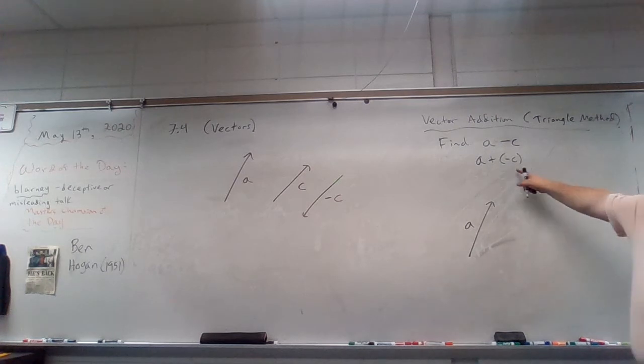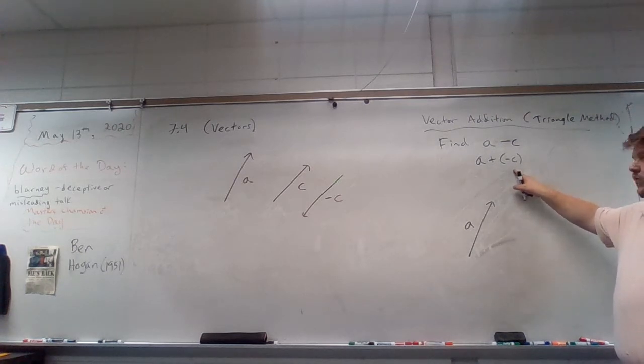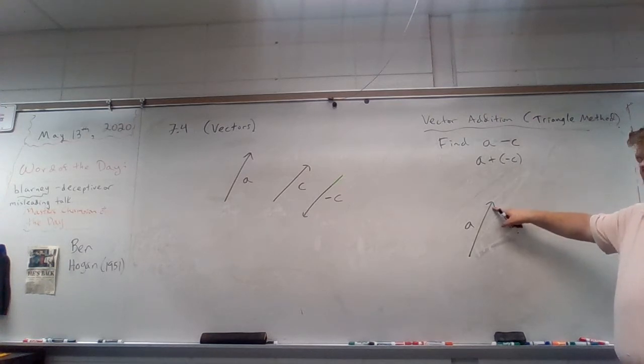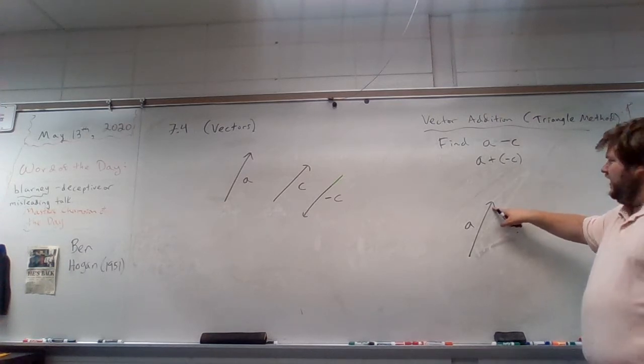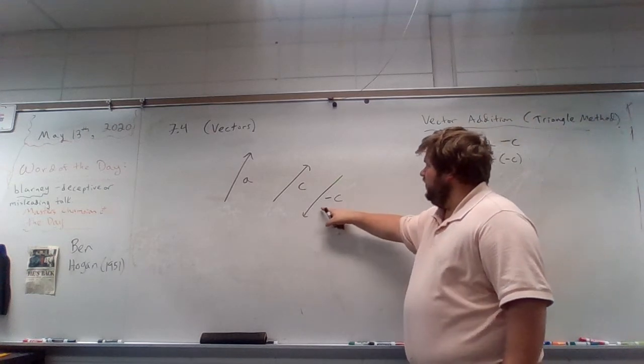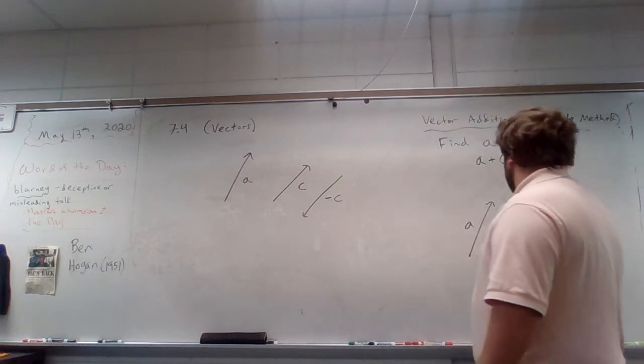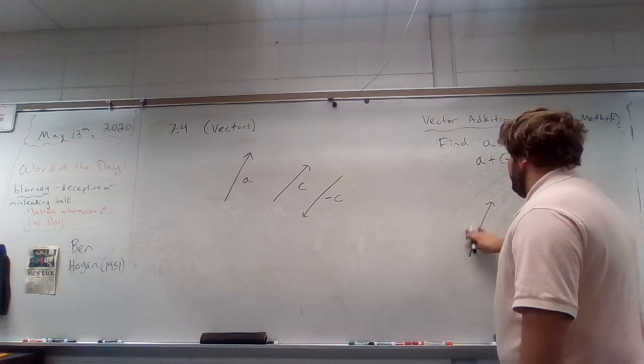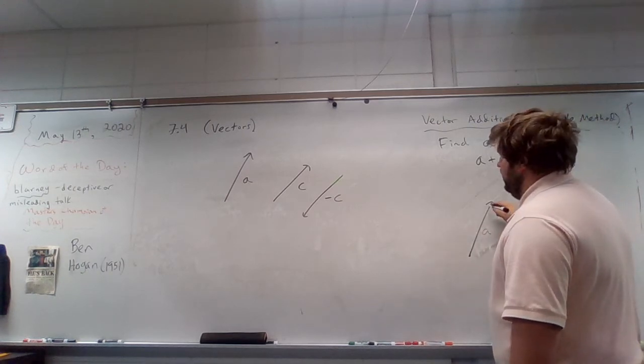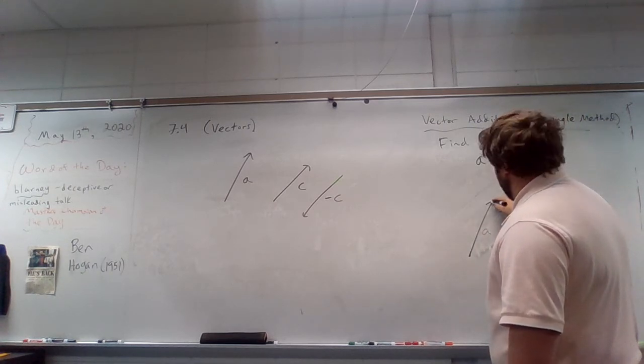Well, negative C, that vector, should go, if I'm doing the triangle method, at the terminal point of A. And it's this vector here. So if that goes at the terminal point of A, then it's going to go somewhere like this.